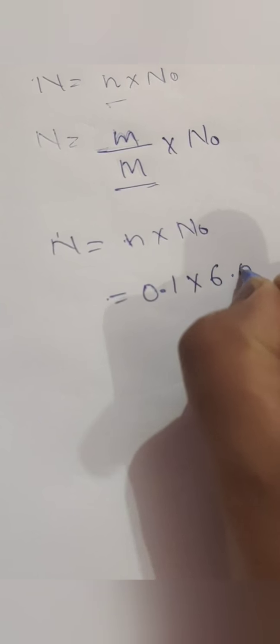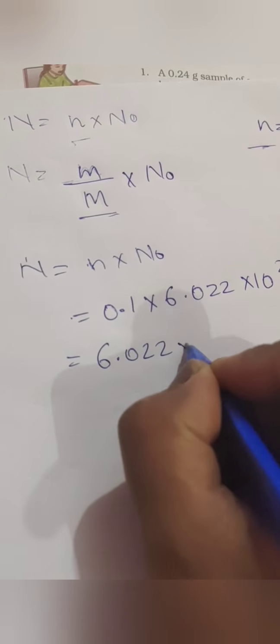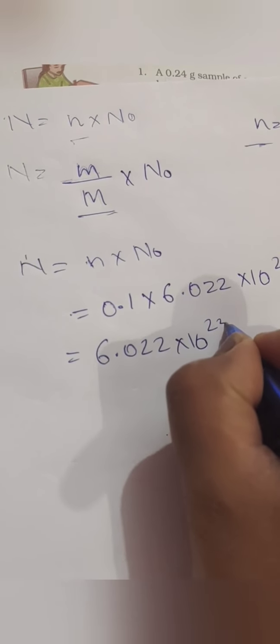So we'll be using N equals small n into N naught, and the value of small n is already given, which is 0.1 into 6.022 into 10 to the power 23. So it will be 6.022 into 10 to the power 22. So the N is this.